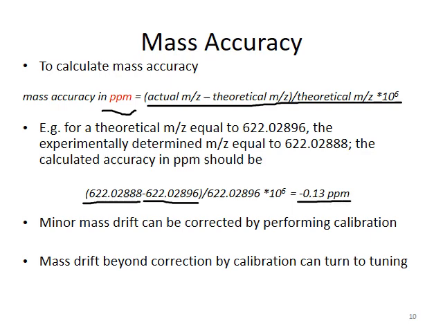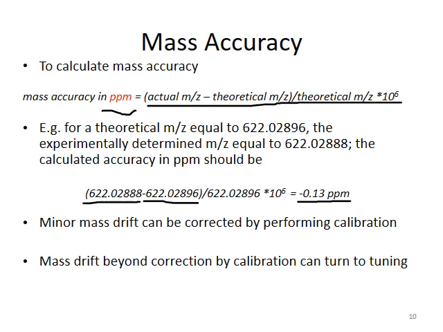Please take note, there must be a minus or plus sign before the accuracy. Minus 0.13 ppm is a very minor mass drift and nothing needs to be done.